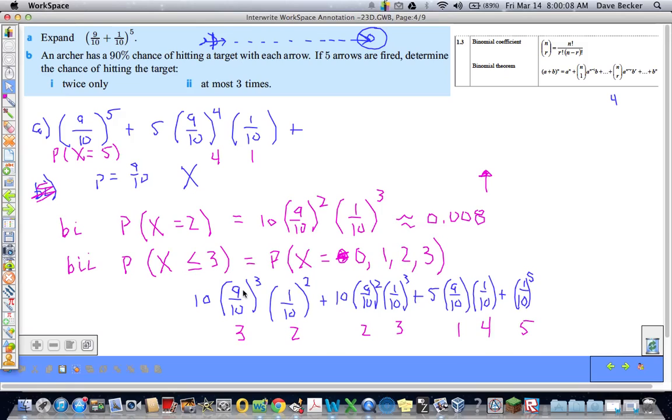That's what X less than or equal to 3 equals: 3 successes, 2 successes, 1 success, or 0 successes meets this criterion. If you had a calculator, you would see that that is approximately equal to 0.082. That's the probability that that would happen.